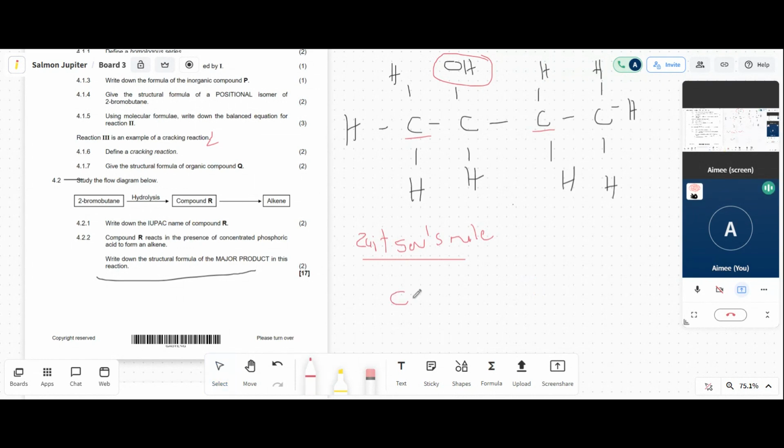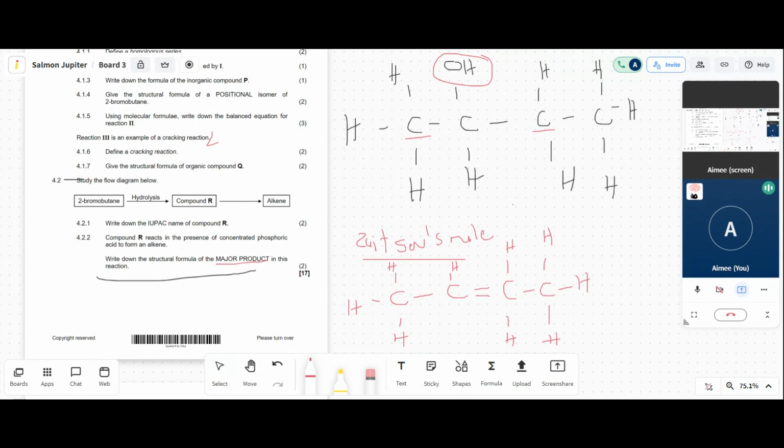And it becomes... And the reason you know that this is going to be the major product, because this is your major product now, this is the answer, is because the major product is going to be the one that follows Zaitsev's rule.